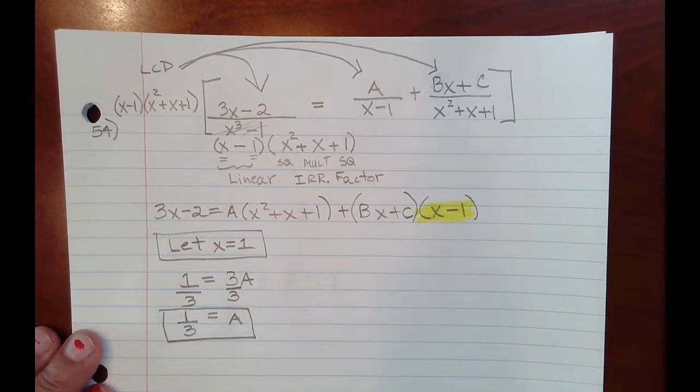Okay, then, after we've used all the values that zero out, now let's start comparing like degrees. So we can compare second degree terms, we can compare first degree terms, we can compare constants. So we do have to find b and c. So let's say that we compare second degree.